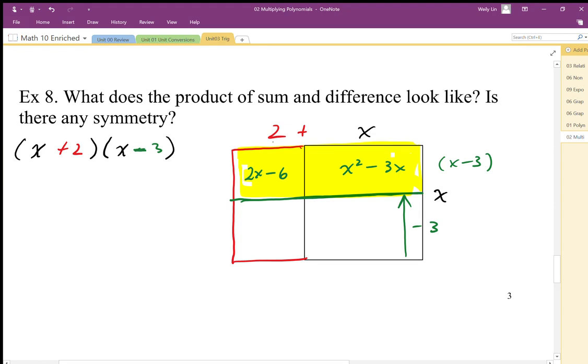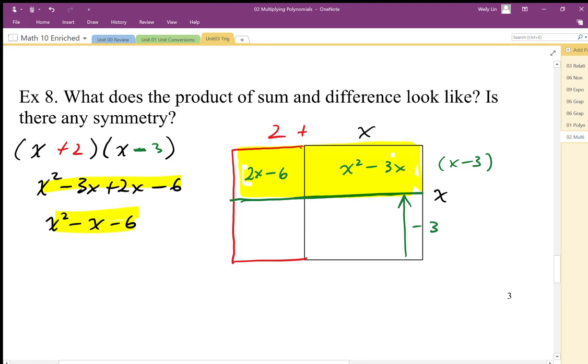So adding to one side, taking away from one side, if I distribute this, I end up with x squared minus 3x plus 2x minus 6. I can combine my like terms, and there's my total area. This is the same area that I've highlighted in the rectangle.